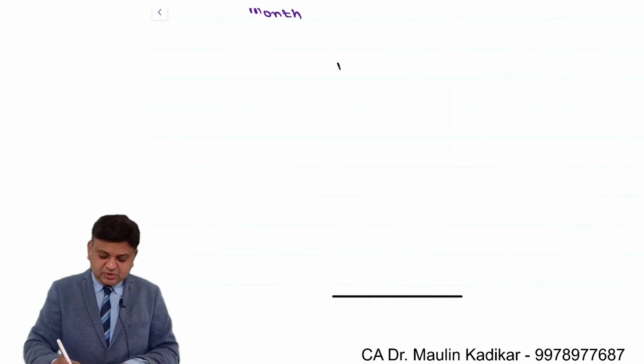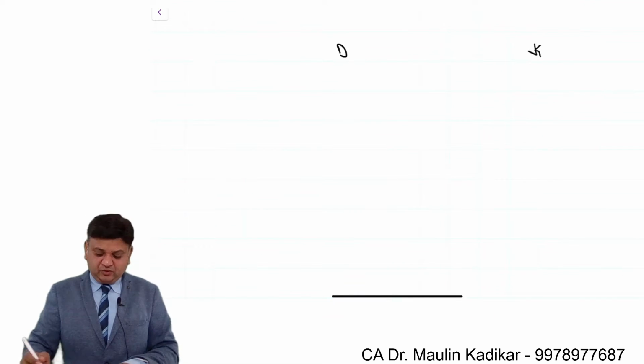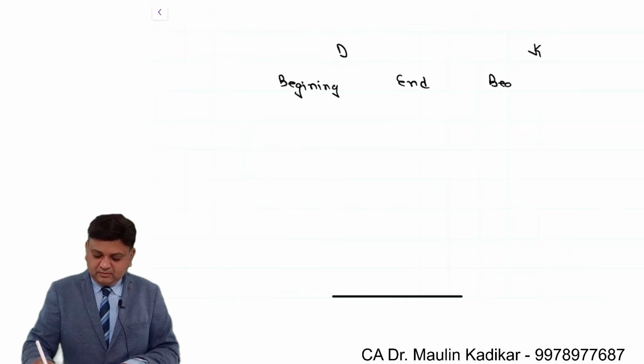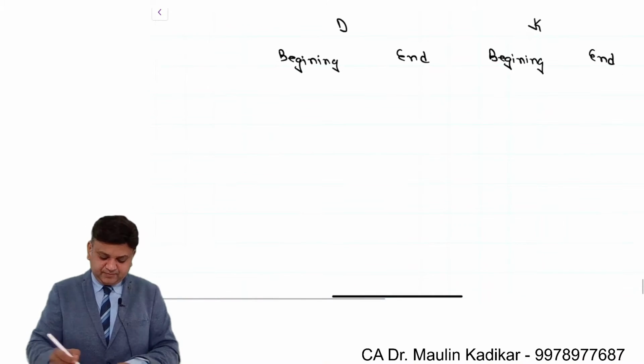It is D for Delhi Mutual Fund and K Mutual Fund. In that we are required to work out the answer like this: beginning, end, again beginning and end. That is the way we are required to write the answer.